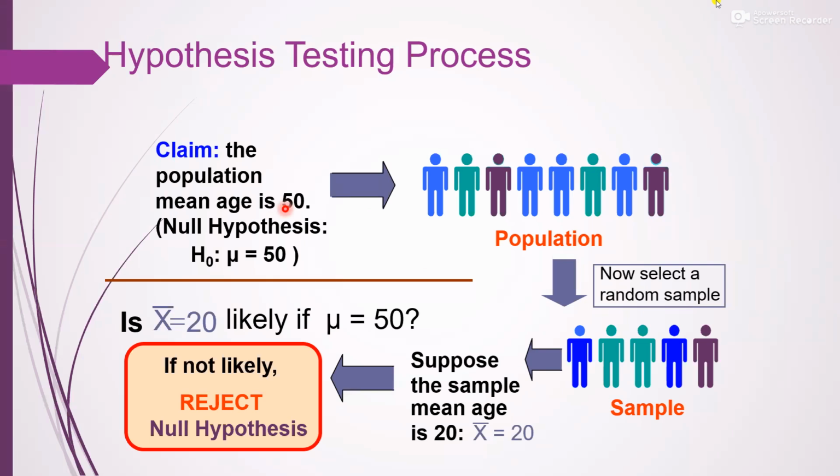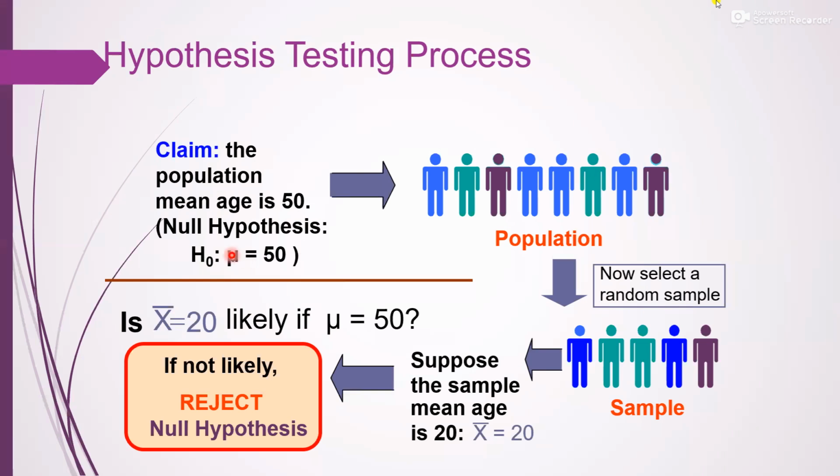It is a very old, large company. And they believe that the company's employee average age is 50. So the current belief of the company is, because we are talking about the population parameter mean, mu is equal to 50.